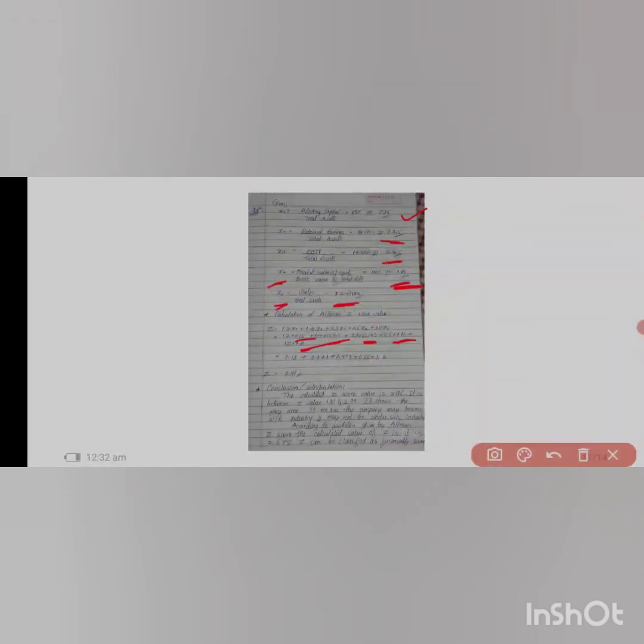Okay, just have to multiply it and you will get the value of z, that is 2.96. Now the thing is to interpret it.